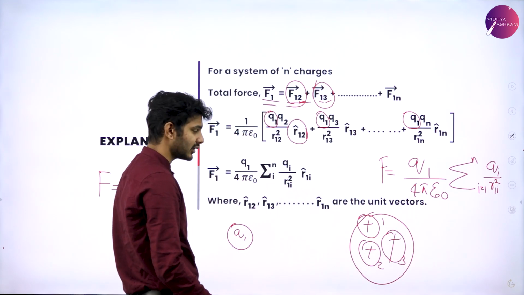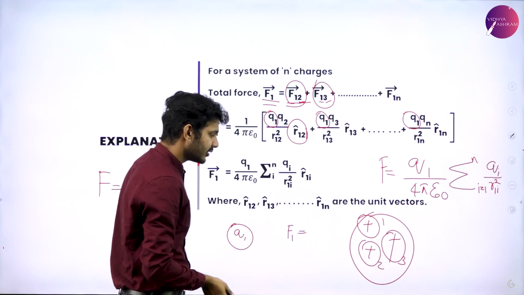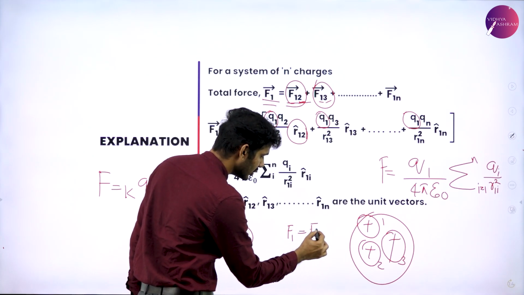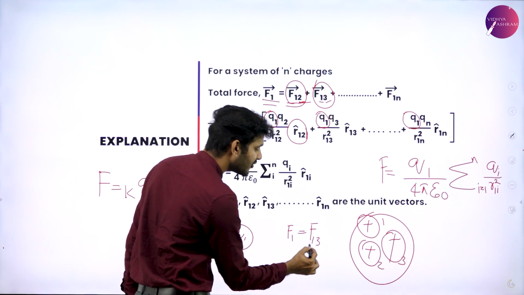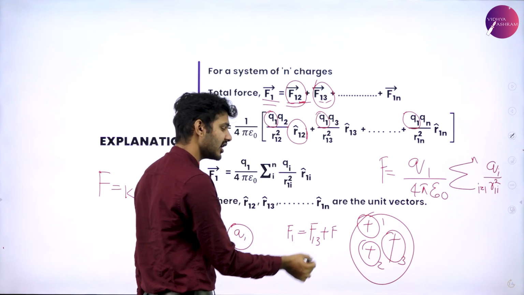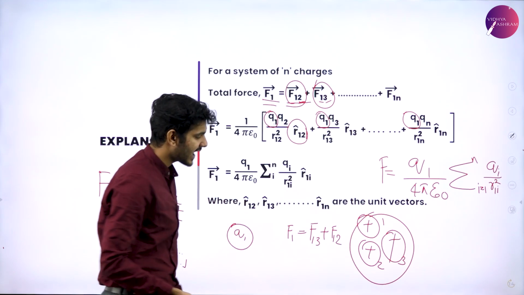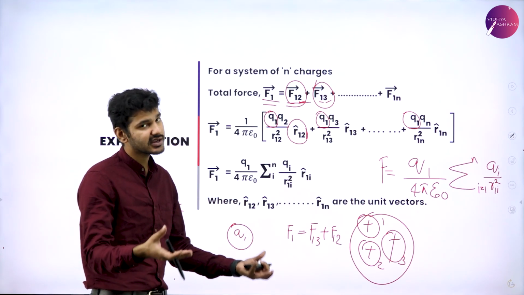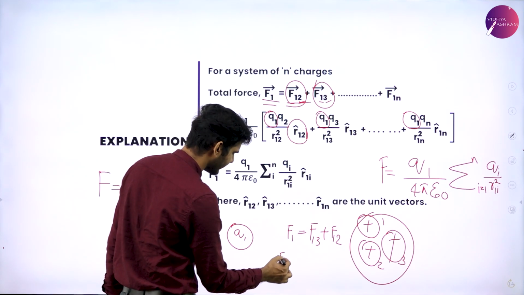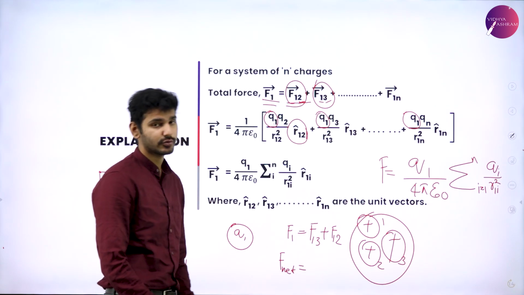Then you simply calculate using Coulomb's law and the superposition principle that the force experienced by Q1 will be the force exerted on 1 due to 3 plus the force experienced by 1 due to 2. Like that, we'll add up all these together and we can find the total amount of force. You can call it F net or F total. I don't care what you call it as long as the formula is correct.